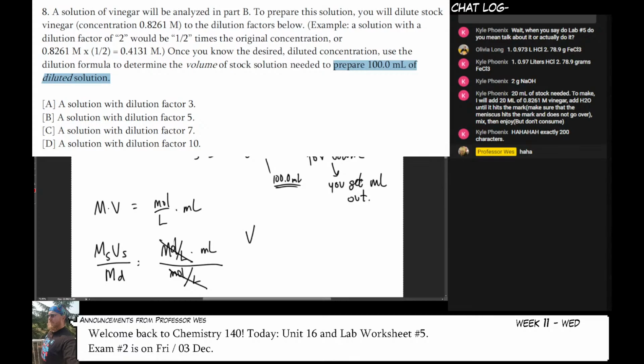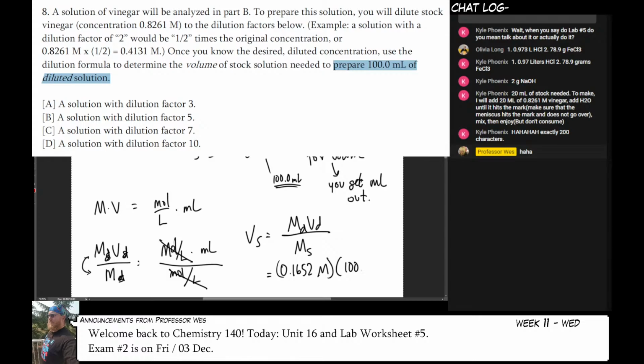So solving for VS again. And I realized that over there on my example, I flipped the labels, so this should be D. But it doesn't matter. The point is the same. The dilute vinegar was 0.1652 moles per liter.